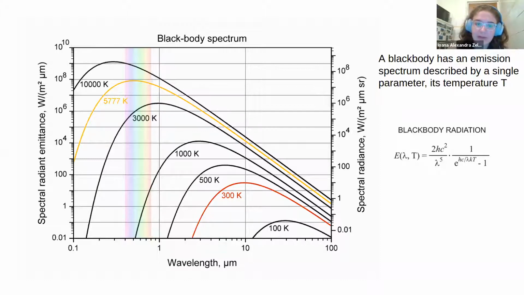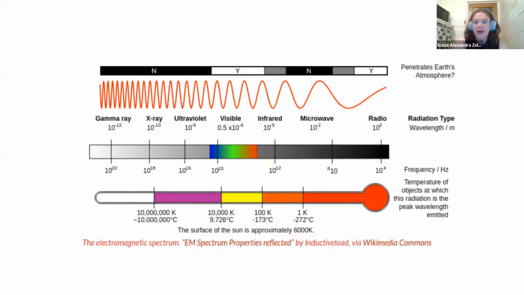As we increase the temperature, we get higher overall amounts of radiation coming from the body, but also the peak of the radiation shifts towards higher and higher frequencies and lower wavelength. So as we look into the electromagnetic spectrum, we can see the radiation peak sweeping the spectrum as we change the temperature of the so-called black body from low to high.